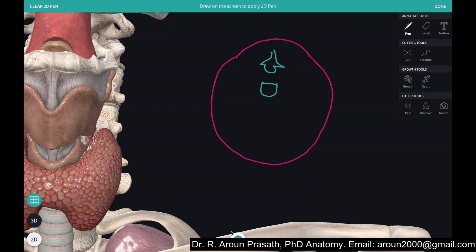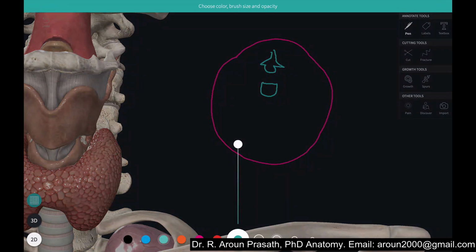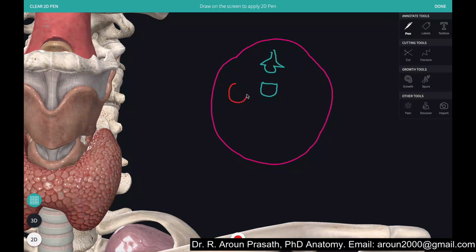The other fascias present here are the carotid sheaths, you have two carotid sheaths. Then you have the prevertebral fascia and the pretracheal fascia. This is the pretracheal fascia.